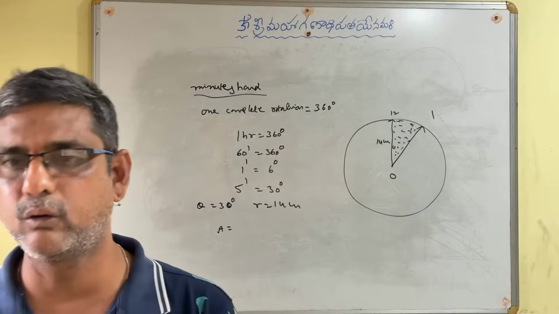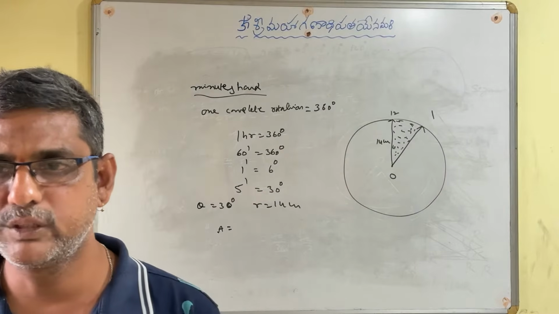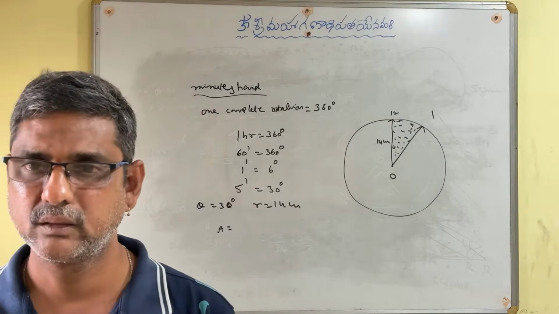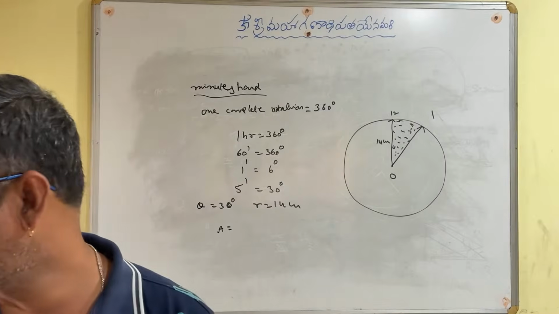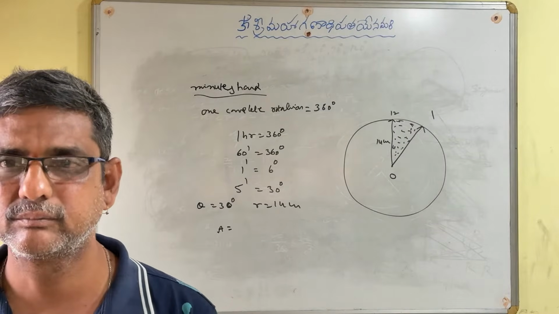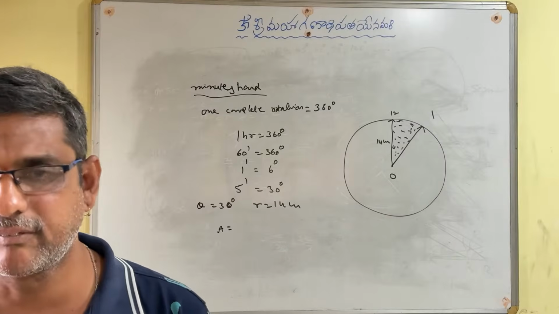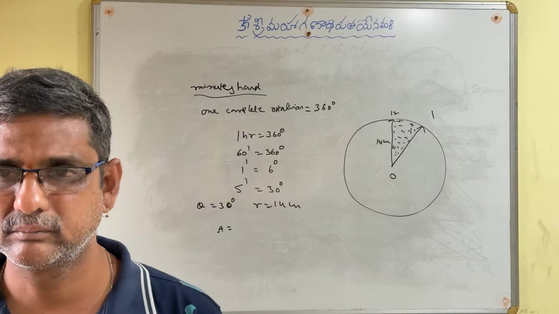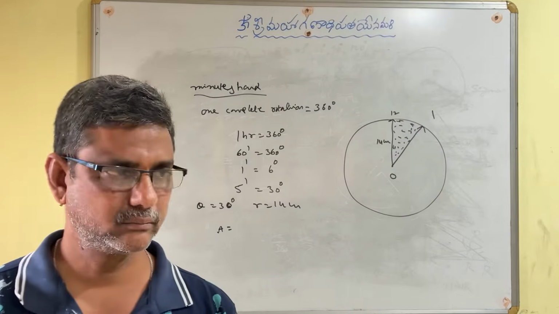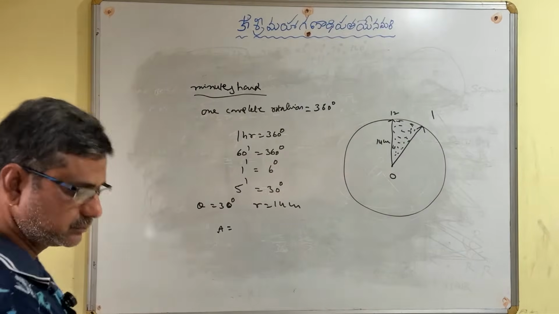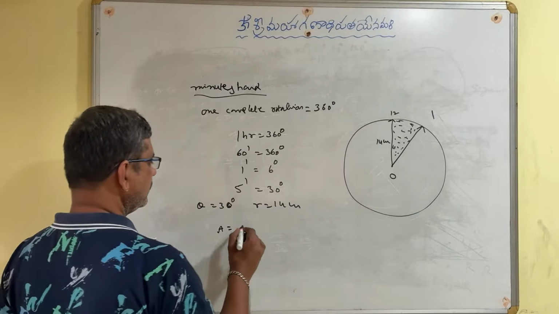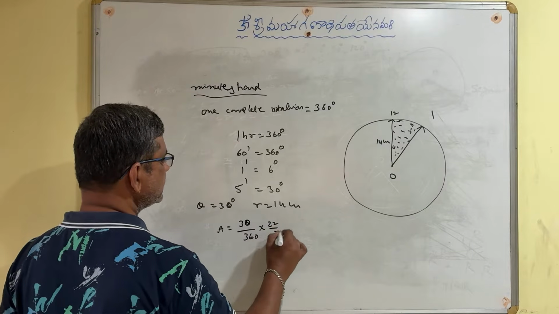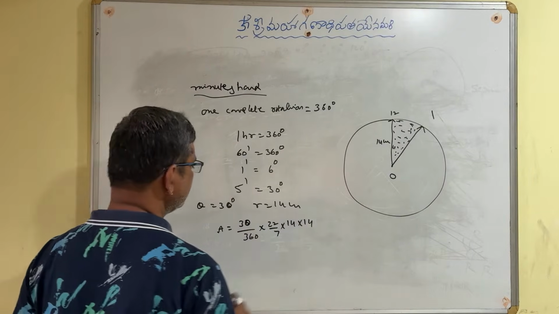154/3. Everyone is saying 154/3. That is 30/360 into 22/7 into 14 into 14.